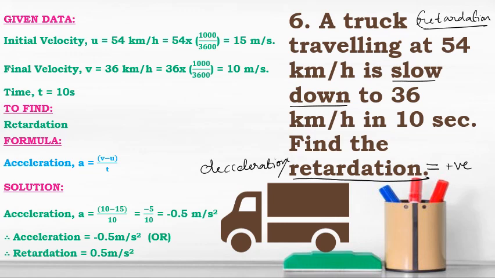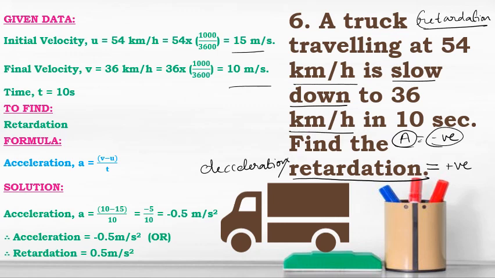But if you give the answer as acceleration, you will give the answer in negative, because it is negative acceleration. Otherwise, if you look at the previous problem and this one, it is the same. The values are all the same. The same kilometer per hour is given, so you have to convert it. You are getting 15 and 10.